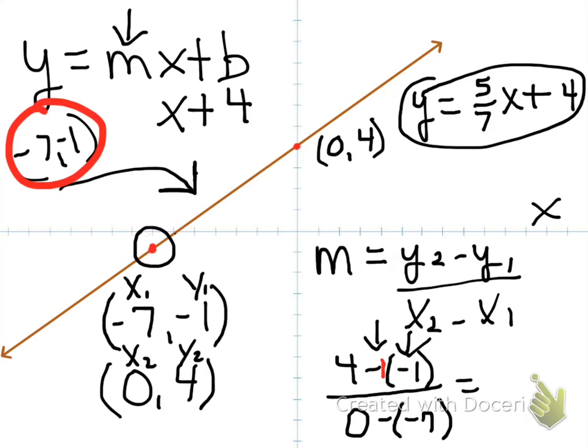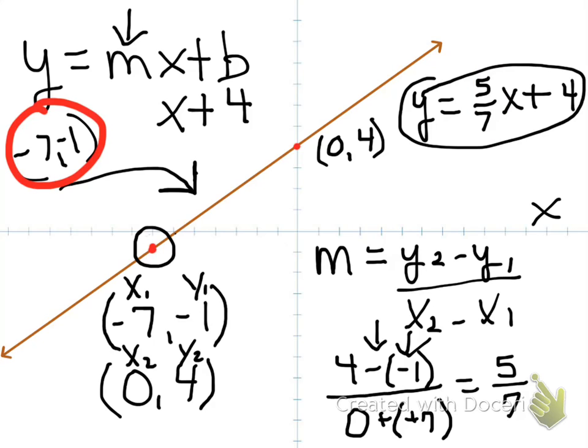That's a -1 times the -1 here, which is going to be +1. So when it's all said and done, there we get, in the numerator, 4 plus 1, which is 5. And in the denominator, we have the same thing happen that just happened a moment ago. We have subtracting a negative. Same thing as changing to positive. 0 plus 7 is 7. So our slope is 5/7 as we had already determined. Okay, so that's another way to do the slope.